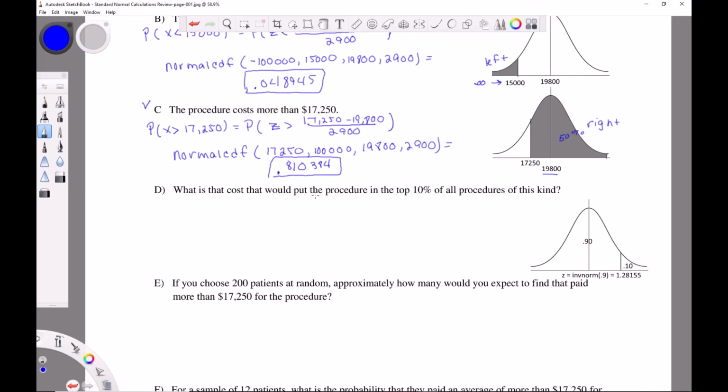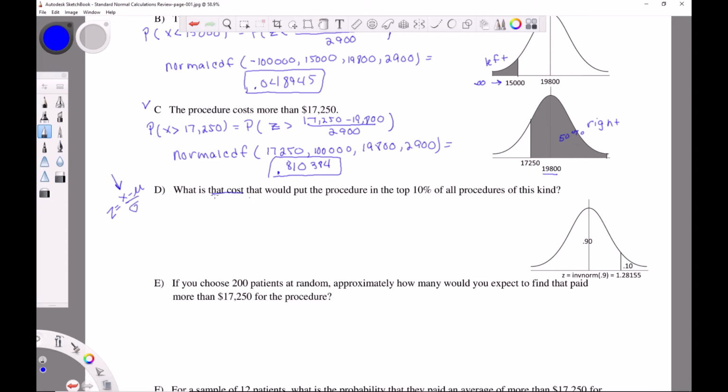Now we're going to do kind of a back standardizing. It says, what is that cost? It's a particular cost, so that's an x value. So when we have z equals x minus mu over sigma, we're actually looking for that x value.